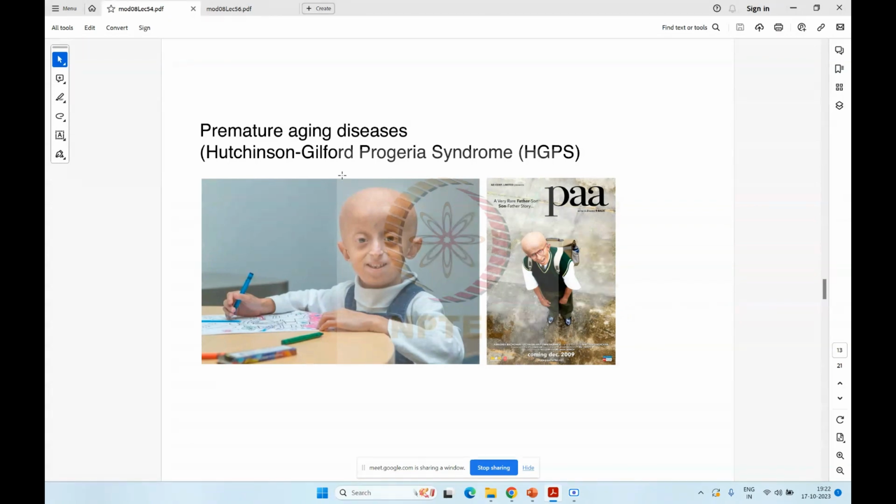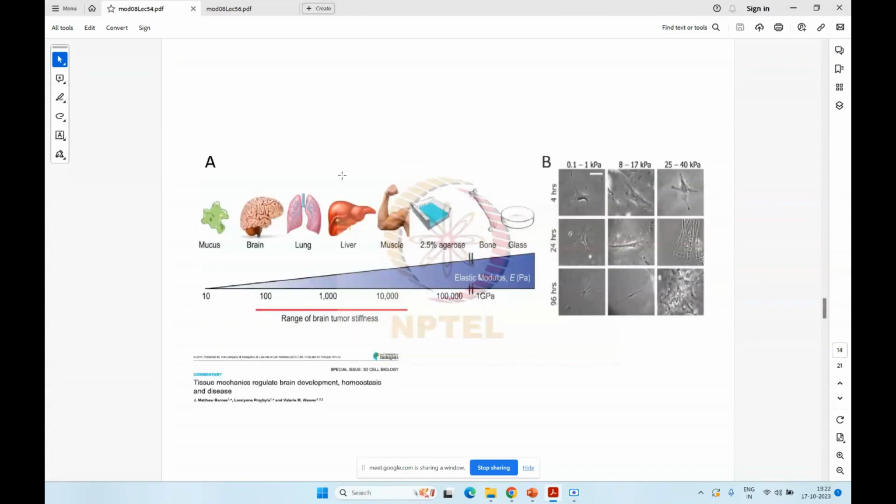So because this gene is mutated or absent in the baby, the baby has advanced aging or premature aging. Okay, that's about it.